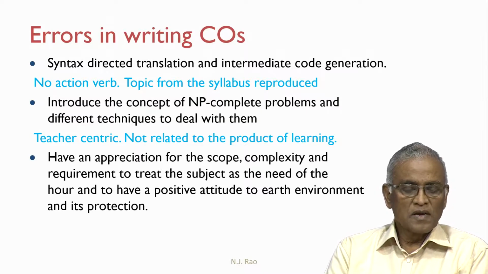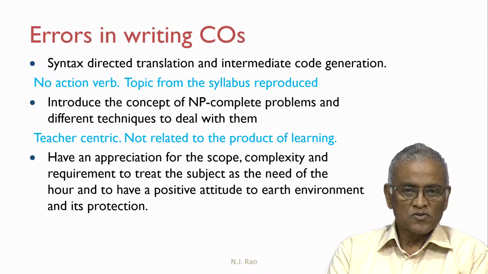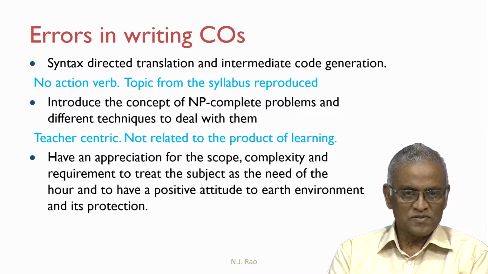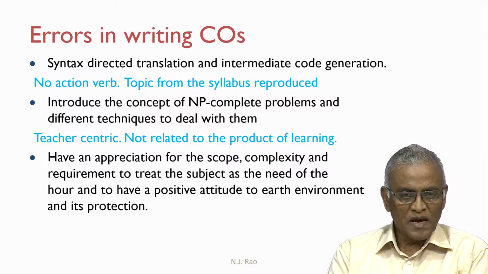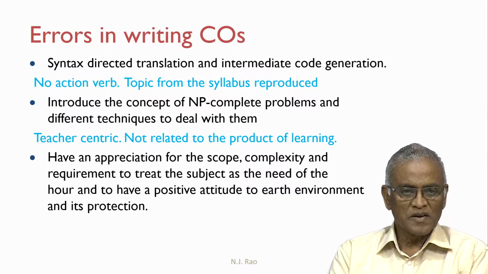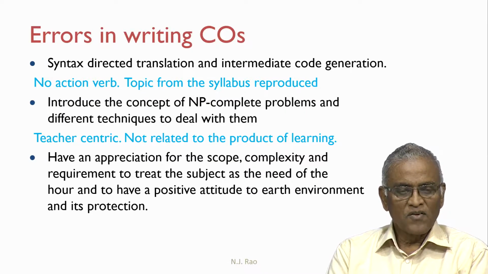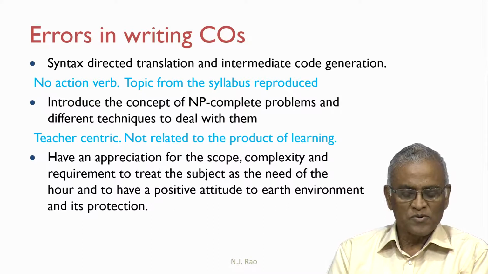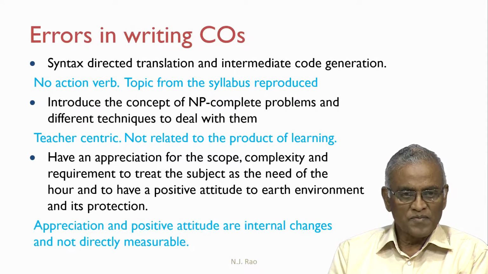This is still vague: have an appreciation for the scope, complexity and requirement to treat the subject as the need of the hour and to have positive attitude to earth environment and its protection. Except for the last phrase, earth environment and protection, the statement does not even say what exactly the student is supposed to be doing.